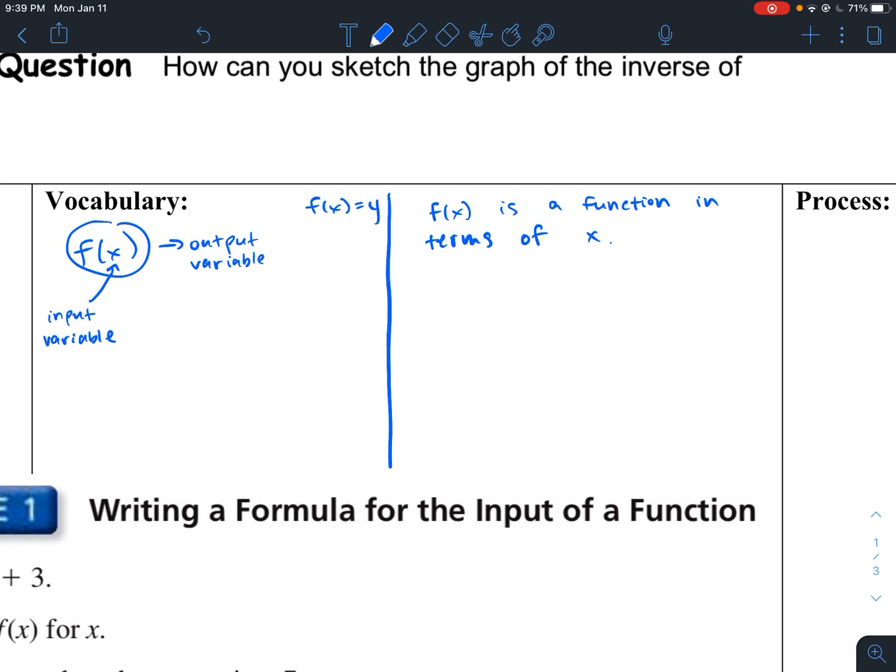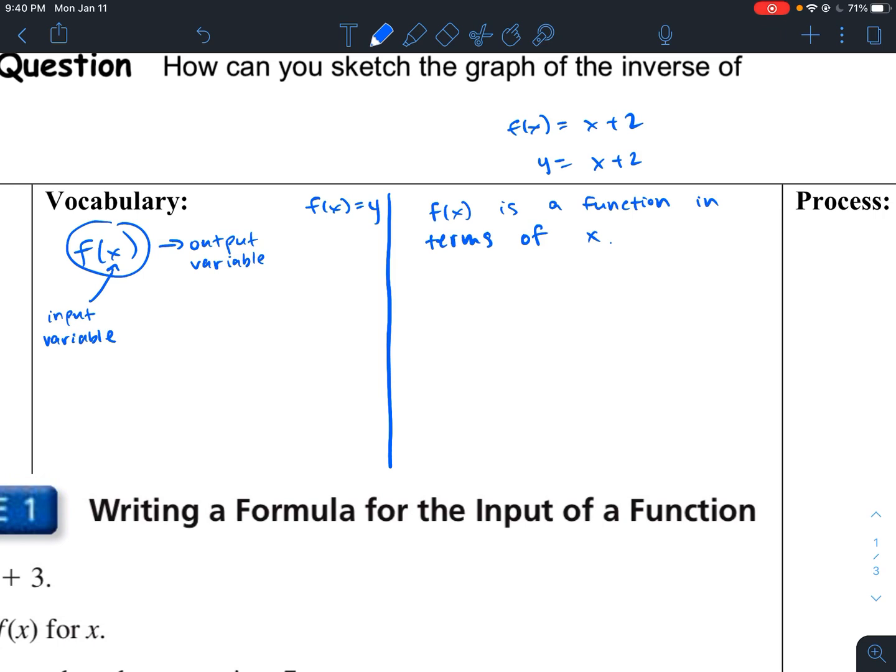Say, for example, I have y is equal to x plus 2, or in other words, f of x is equal to x plus 2. You can see that y, or f of x, is written in terms of x. So basically, we're just saying that y is equal to an equation in terms of x. It's just expressed differently and in different variables.